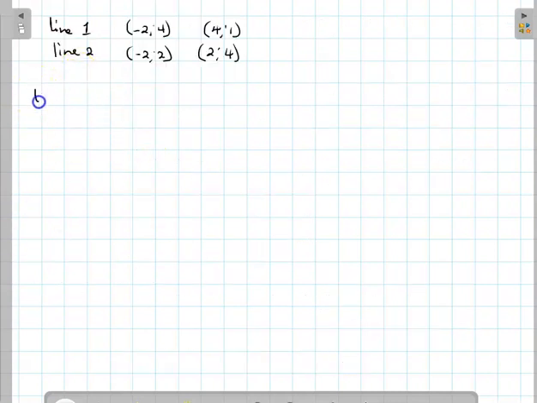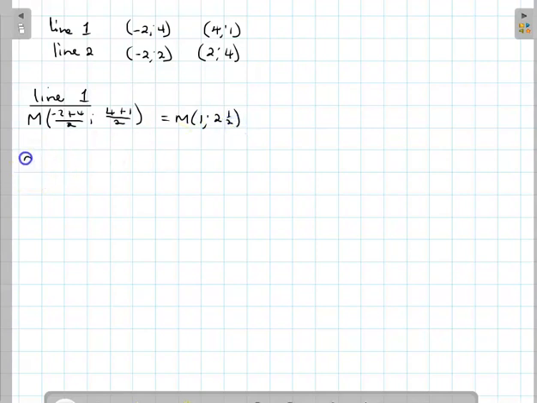So let's work it out. Let's start with line 1. This is just a demonstration. Line 1, start with what? With the midpoint. The midpoint of line 1 is usually denoted by the letter M. So it will be negative 2 plus 4 all over 2, and then 4 plus 1 all over 2, which gives us M has coordinates 1, 2.5.